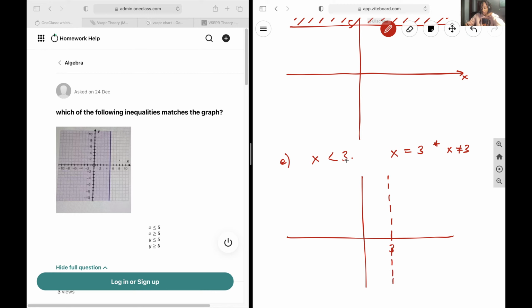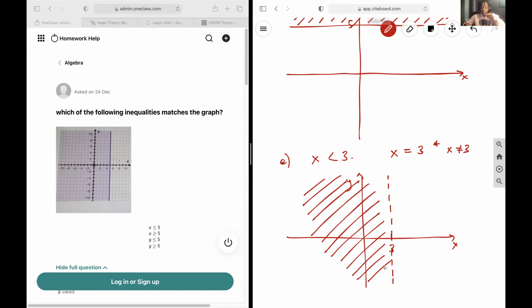And so since y is less than 3, we want 2, 1 all the way until negative infinity. So it would look like that. And then the broken line just means not including the line 3 itself. And that's it for this question.